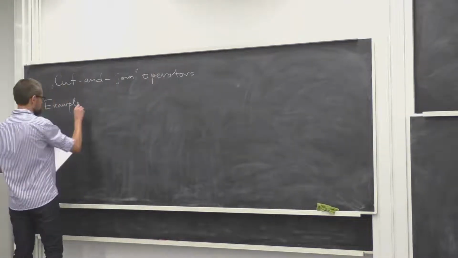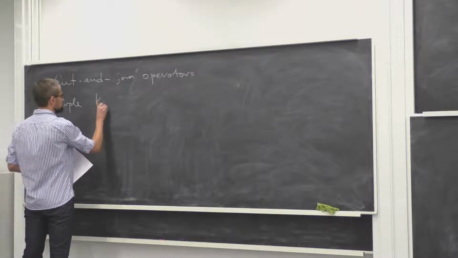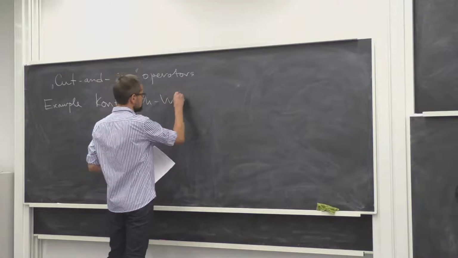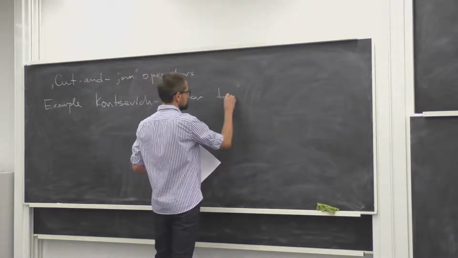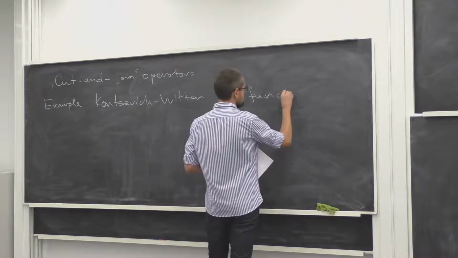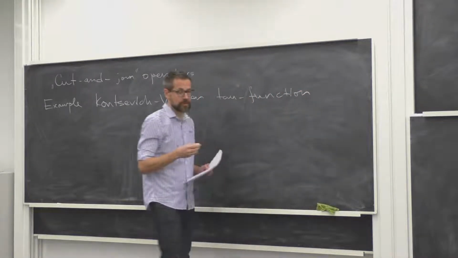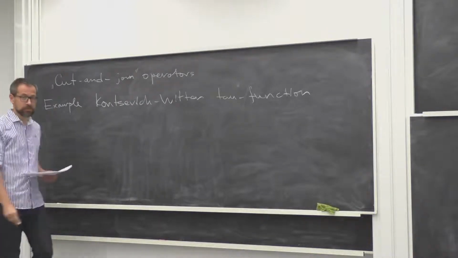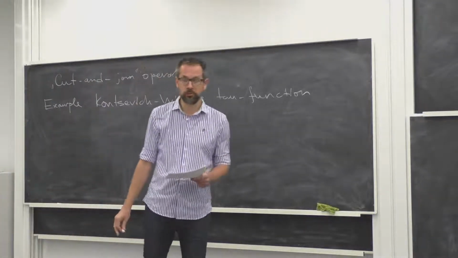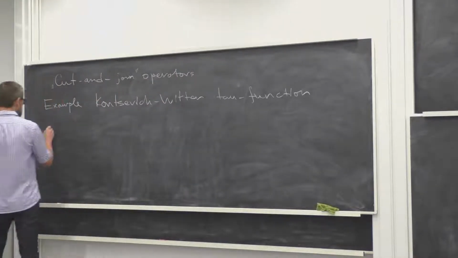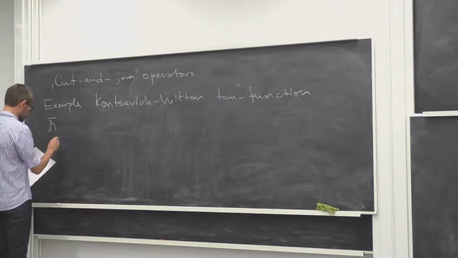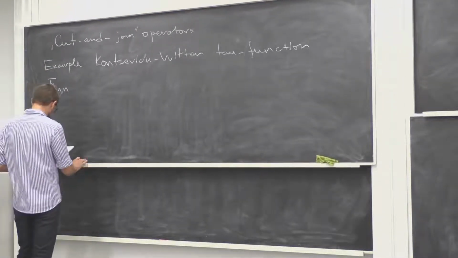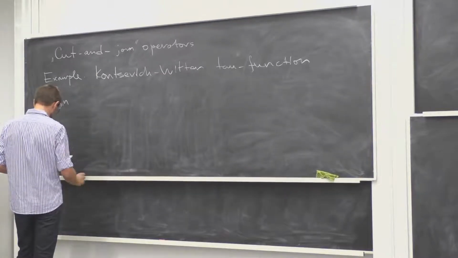That is the Witten-Kontsevich function. The Witten-Kontsevich function is a generating function of certain intersection numbers on the moduli spaces. I think this topic is very well known in this room, but let me just give you a very brief reminder.